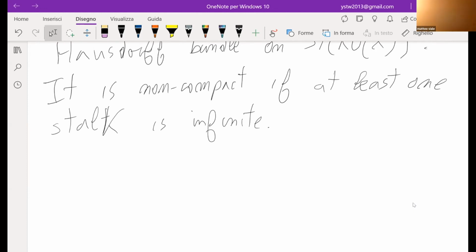Okay, so let's see what happens concretely with one example, and I guess that I will finish with this. Let's take the standard case.